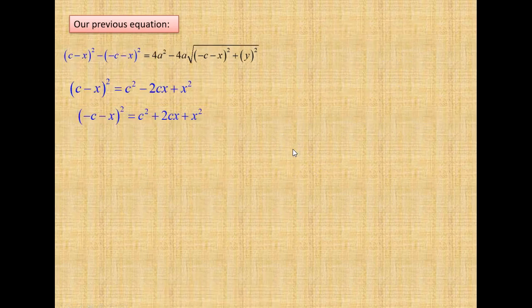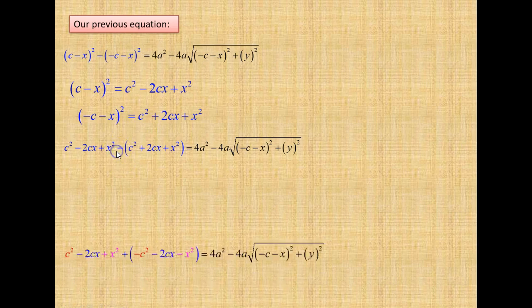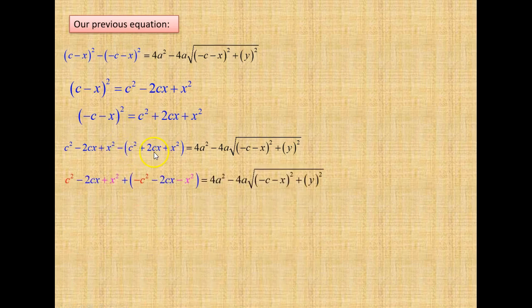Okay, let's continue. Here's our previous equation. And so now what we do is we add these together, and we distribute the minus sign. And lo and behold, we see that minus c squared plus c squared cancels. We see plus x squared minus x squared cancels.